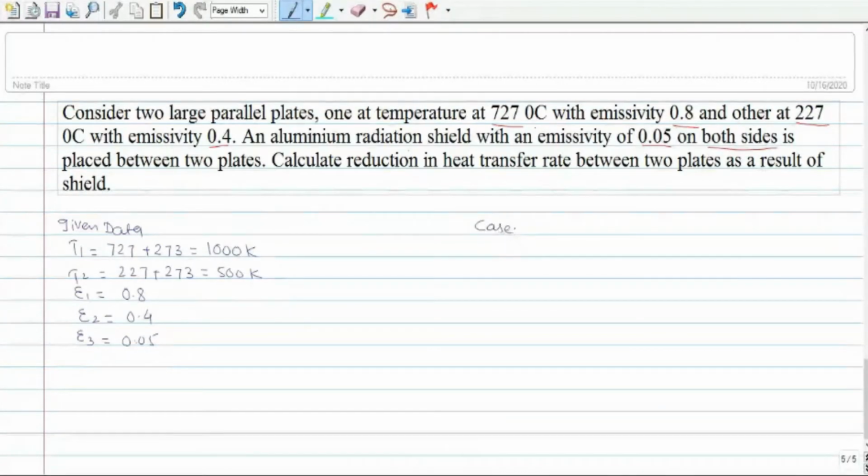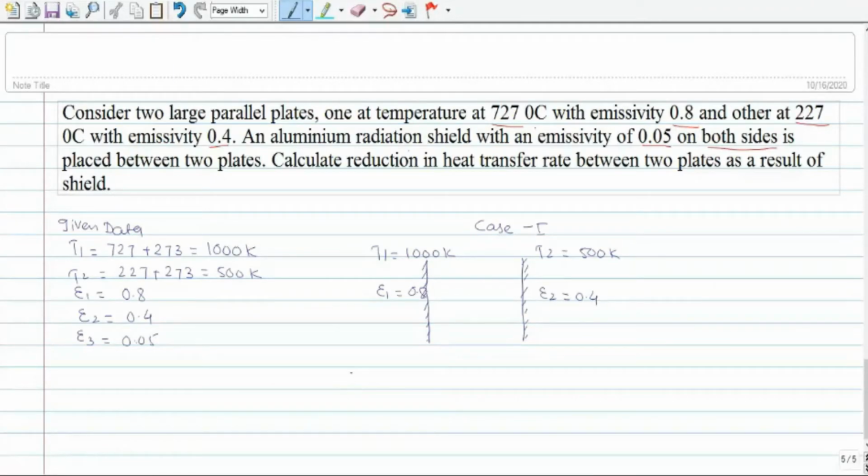So we go with case 1, the heat exchange between the two surfaces. T1 is 1000, T2 is 500 Kelvin. The emissivity 1 is 0.8, the emissivity 2 is 0.4.